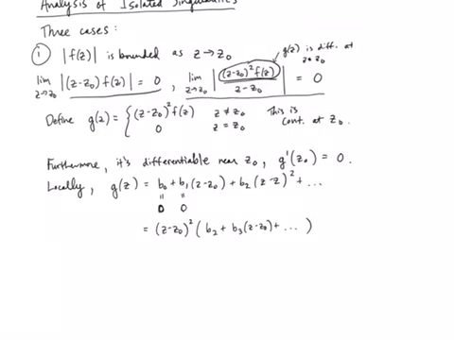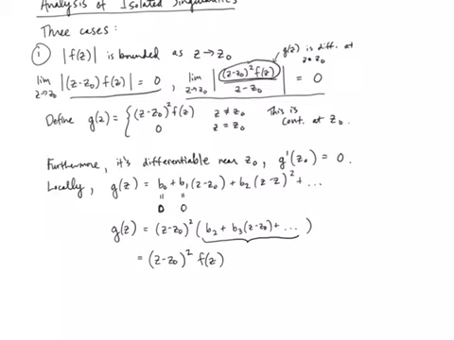So this function here is analytic, because it's given by a valid power series. And if we look, we have g of z. So g of z is z minus z naught quantity squared times this analytic function, but our definition of g of z was that away from z naught, it was equal to z minus z naught squared times f of z.